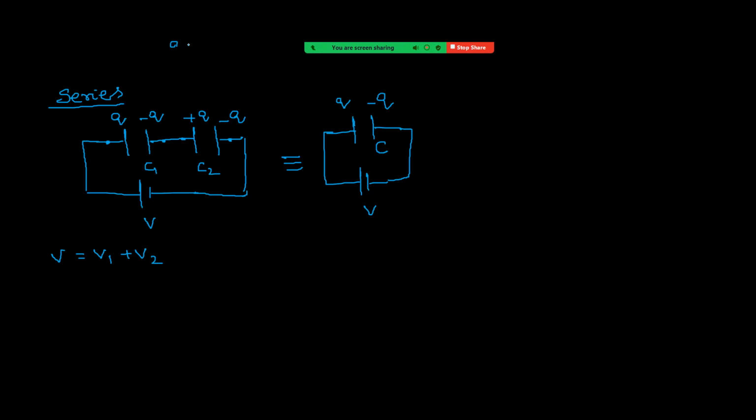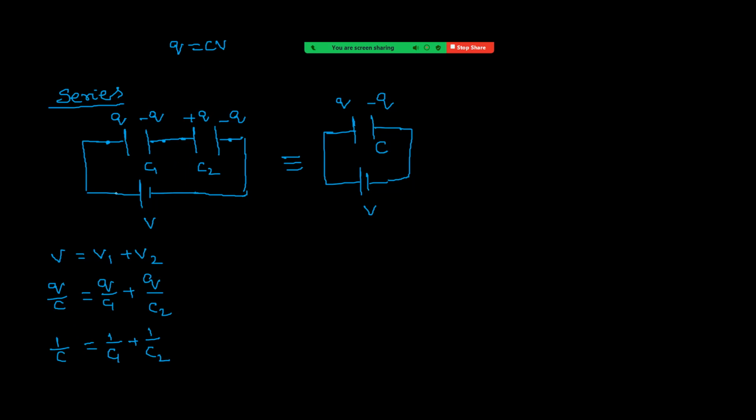We have the relation Q equal to CV, V equal to Q by C. So I'm writing here Q upon C equal to Q upon C1 plus Q upon C2. That means 1 by C equal to 1 by C1 plus 1 by C2. This is now the equivalent capacitance for this combination.